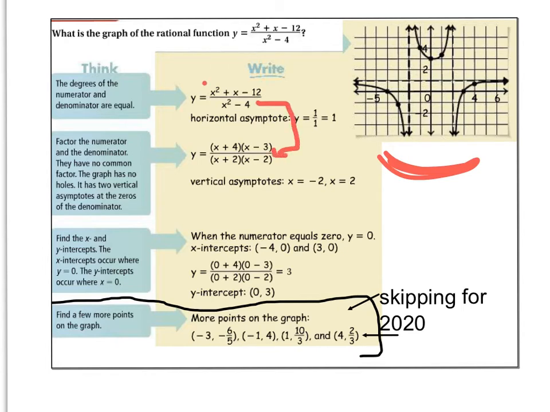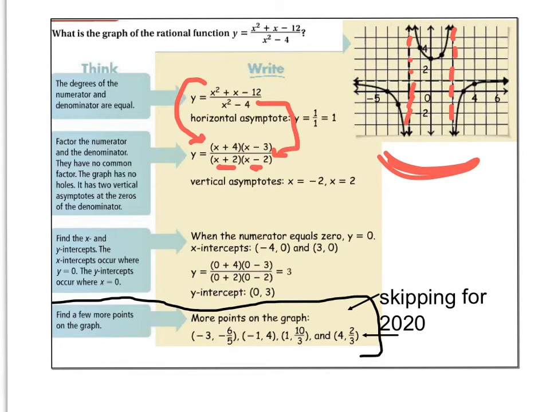If you look at my numerator, I factored it. Hopefully you remember how to factor. I'll put some videos online if you forgot. But if you look at the denominator, x equals 2 from this factor and x equals negative 2 from this factor give you your vertical asymptotes. That's the 2 and that's the negative 2.